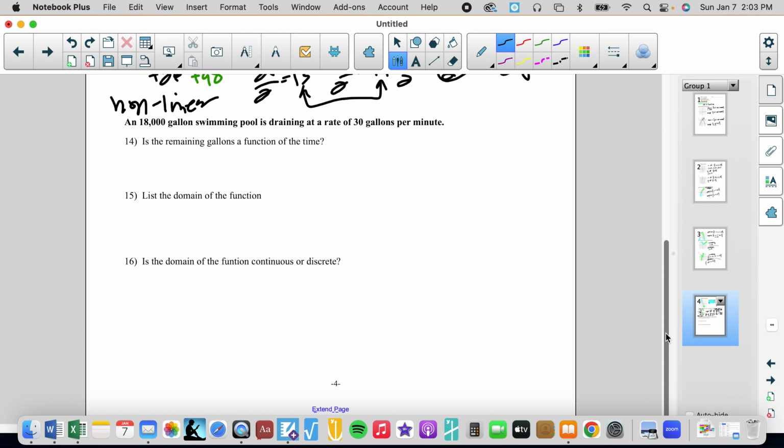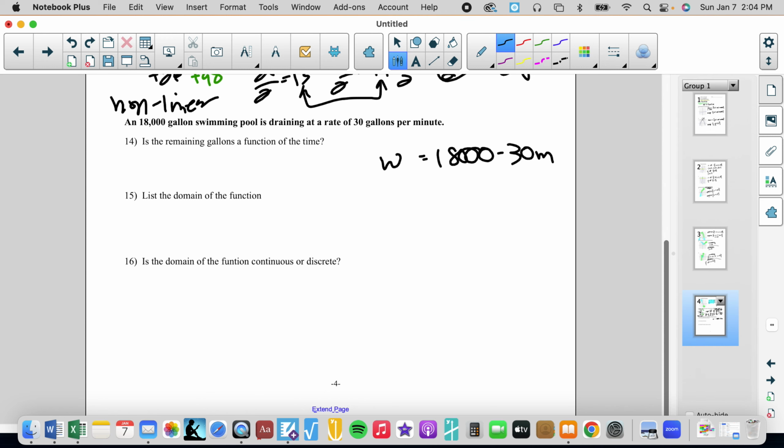Last 3 questions. An 18,000-gallon swimming pool is draining at a rate of 30 gallons per minute. Okay, so 30 gallons times minutes will tell me how much water is drained. We could have also written 18,000 minus 30m.